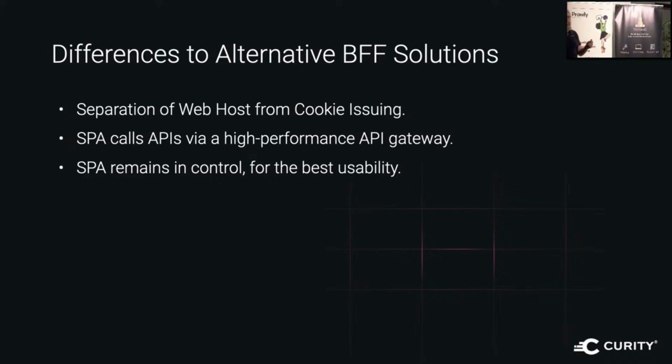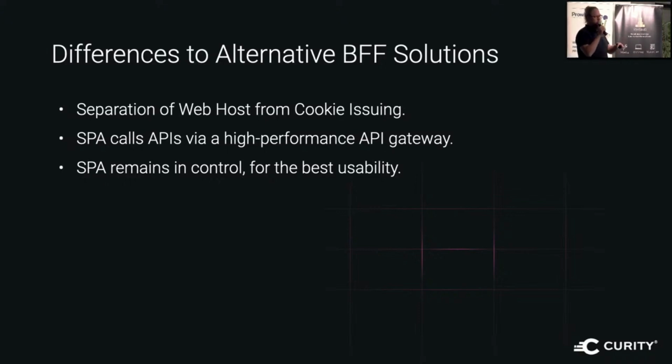We also thought that having those two components is a better approach because when an SPA calls your API, it usually does that through an API gateway, and it usually does that very often, and it's a request that you want to happen quickly. We thought that adding another component in front of your API gateway might become a problem for your performance.